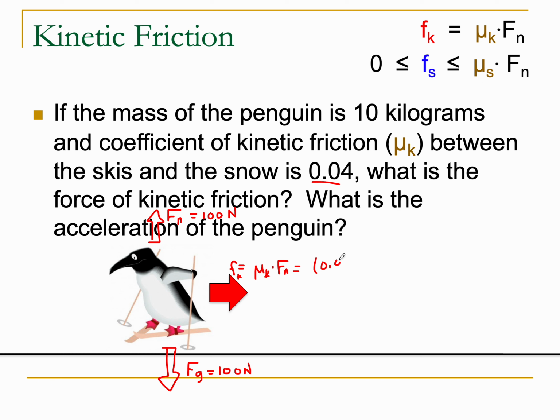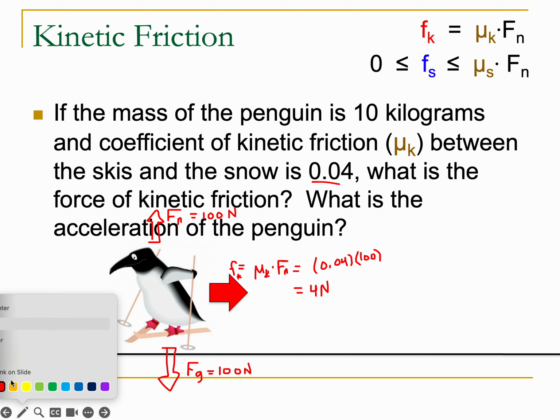Sorry, it takes me longer to write this than it is to solve it. Times 100, it's going to be equal to 4 newtons. So that is the force of friction between this penguin's skis and the snow in this case. The second question is, what's the acceleration of the penguin?